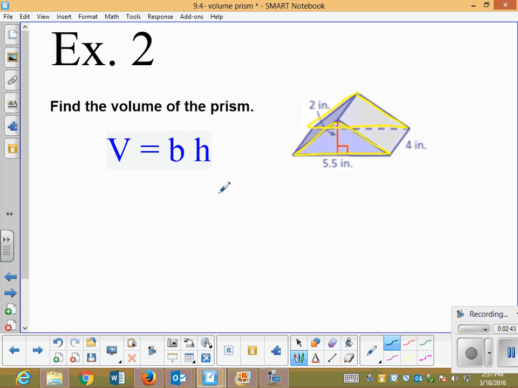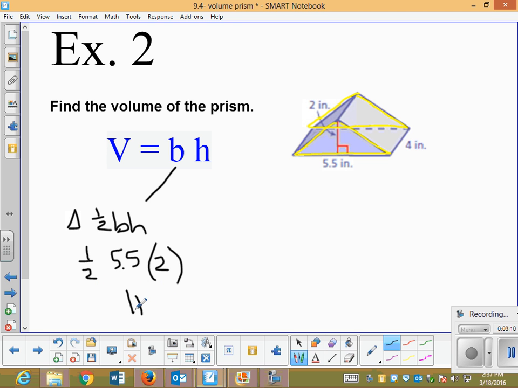So what we're going to do is find the area of that base. It's a triangle, so I'm going to write down the formula: 1/2 base times height. I'm going to look at my diagram to see that the base is 5.5, so I'll put 5.5 there. And the height is 2. So I'm going to multiply it by 2 and then times it by 1/2. 5.5 times 2 is going to be 11.